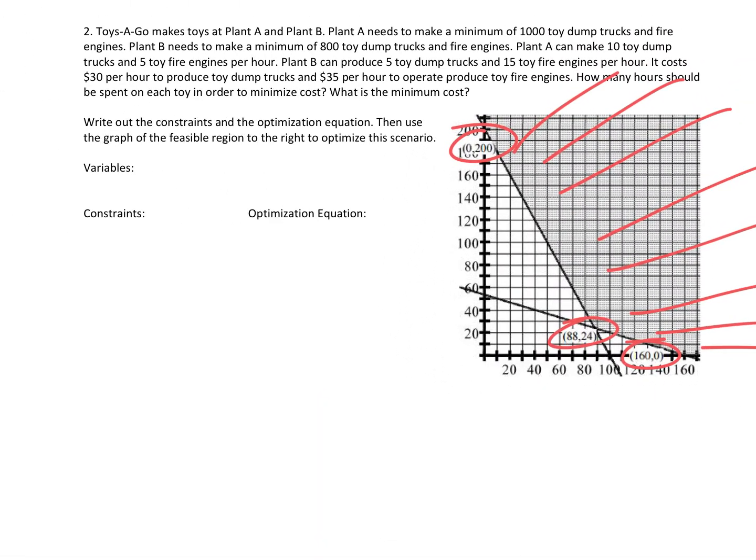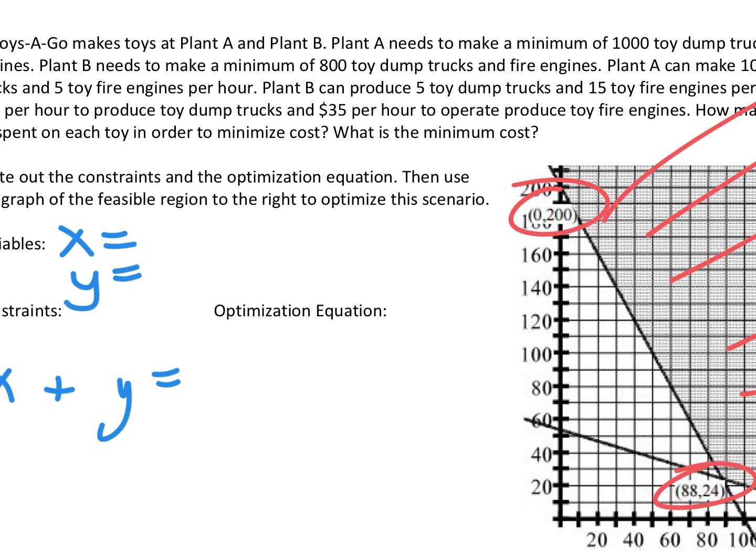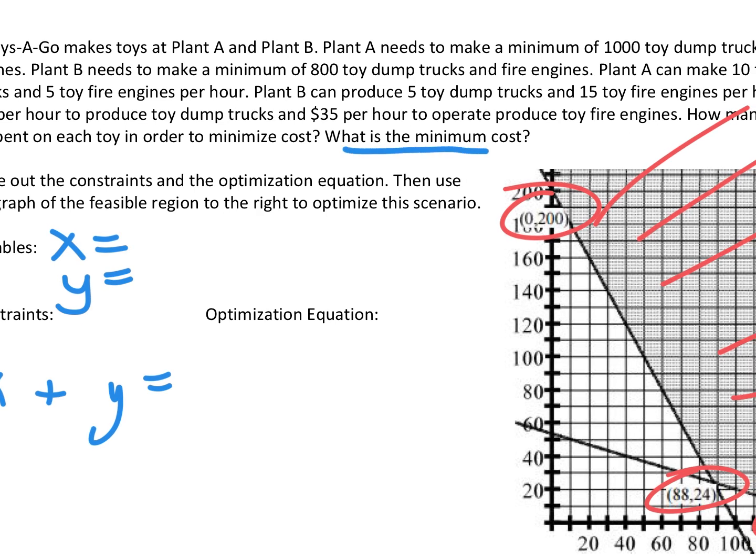So what do I have to write here? Variables. Ooh, that's x equals and y equals. Just figure out what they are. Maybe it's like muffins and cookies. Constraint, you'll always have some equation that's like x plus y equals. Maybe it's something in front of the x. And last thing is, what is the minimum cost? They want the least amount.